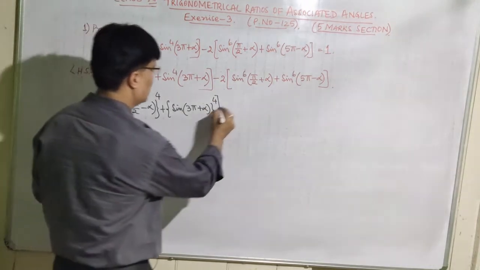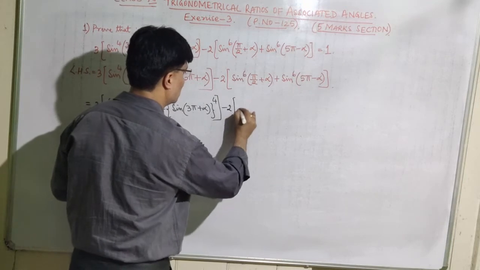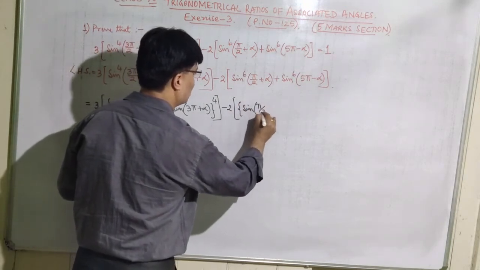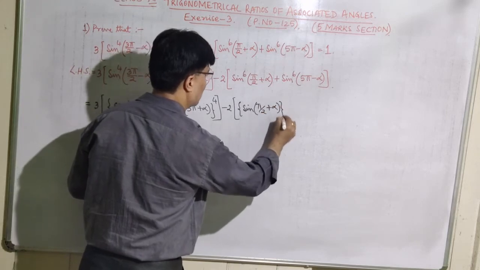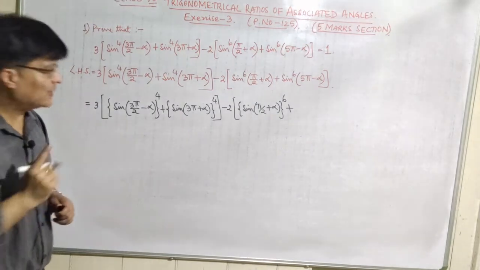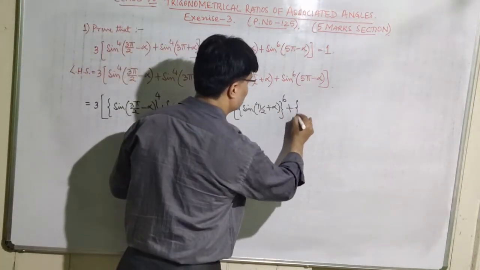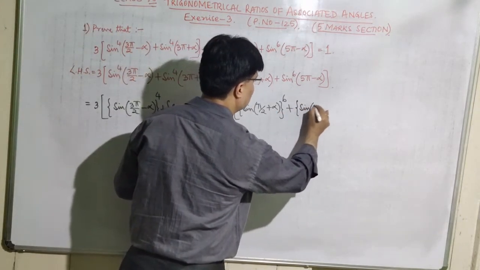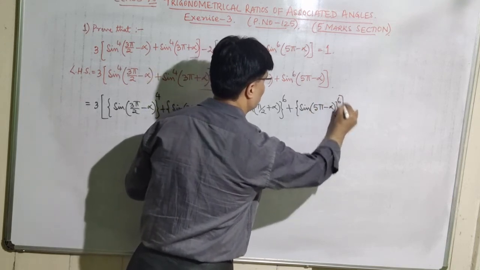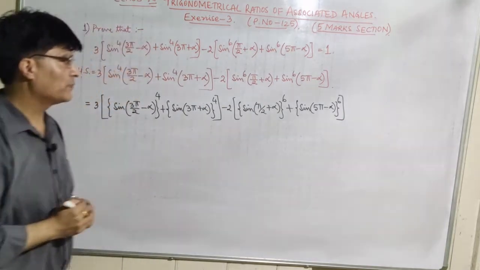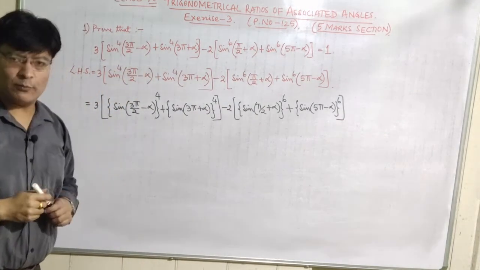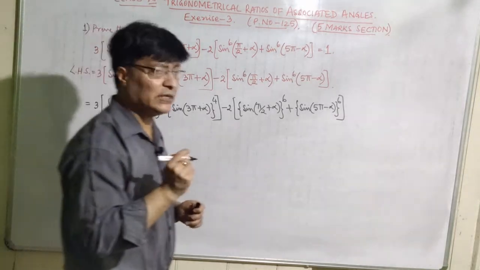Similarly, minus 2, here also we can write it within second bracket sine (pi by 2 plus alpha) whole to the power 6 plus sine (5 pi minus alpha) whole to the power 6. Is that clear? In order to write down all these formulae, let us draw the quadrants here.